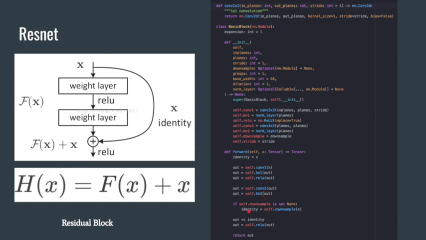And then if it has downsample, we downsample the output, and then we add the original x and the output after two convs together, and then we return the out.